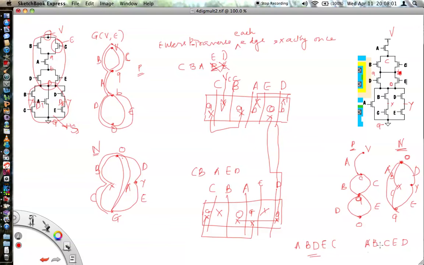So basically this is not good as well, and we need to test every combination in this manner. So we have to basically get the same pattern for P and N structure.